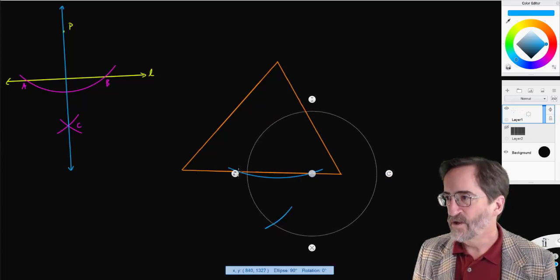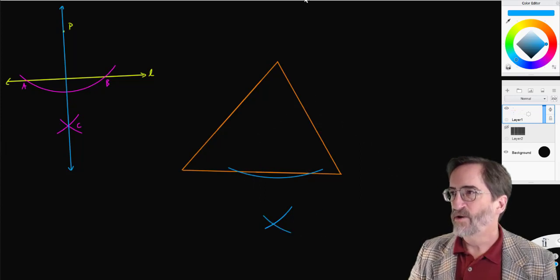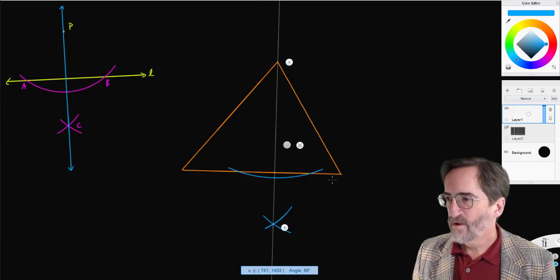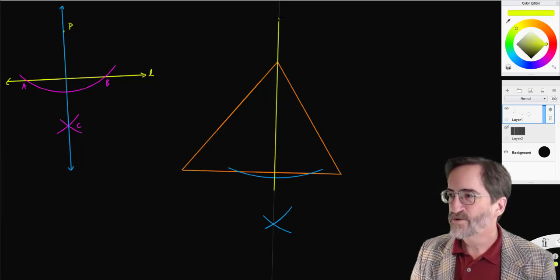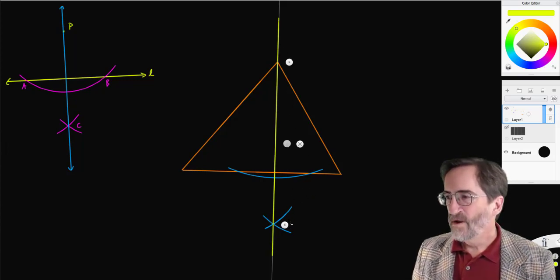Okay, draw an arc from both intersection points and draw an altitude. Okay, so a perpendicular through a point to the opposite side. Altitude. Okay. All right, so that's one of them.